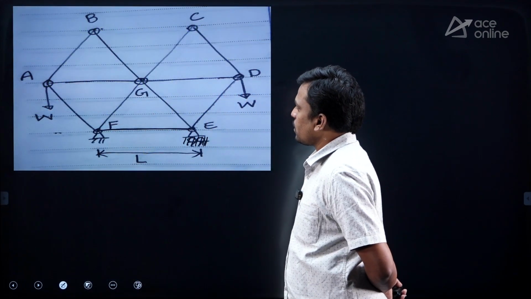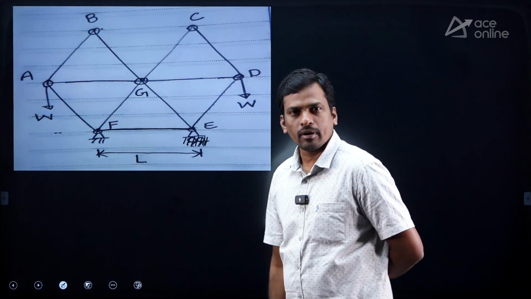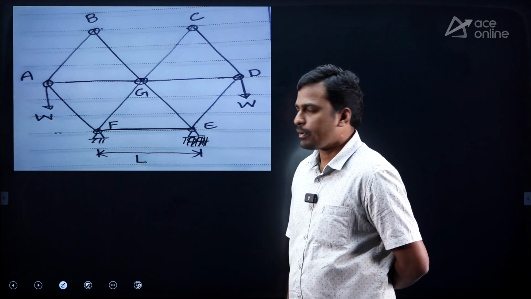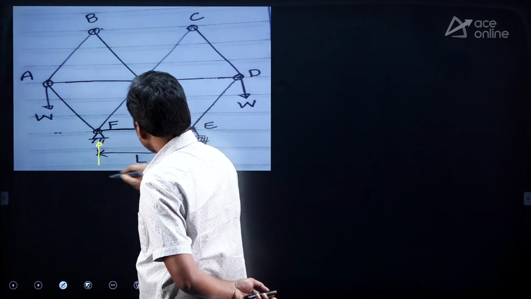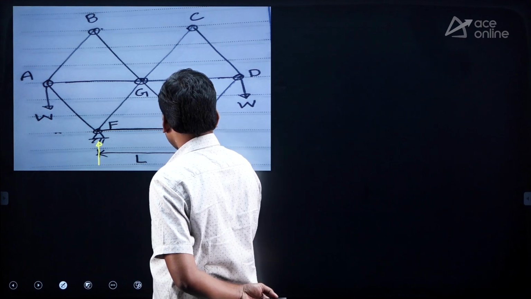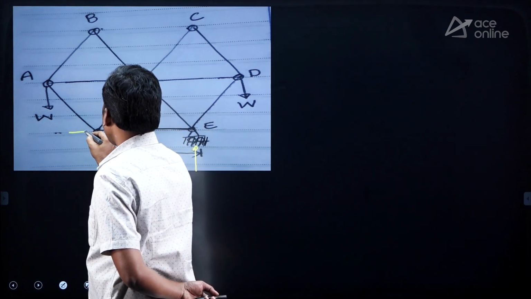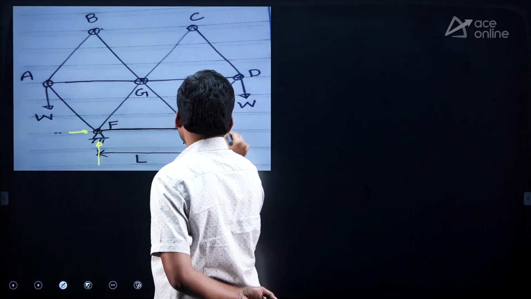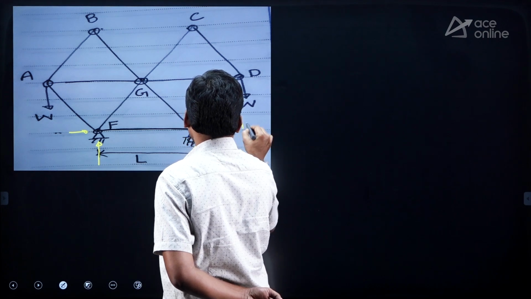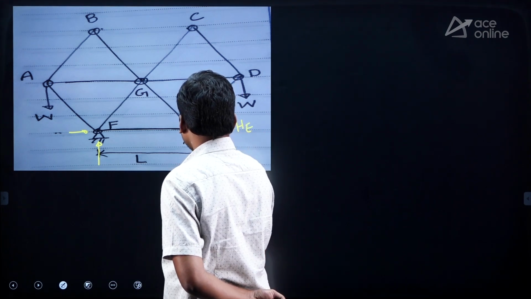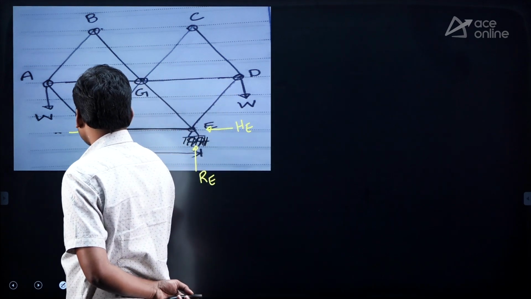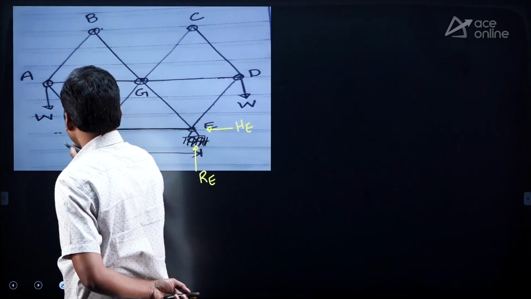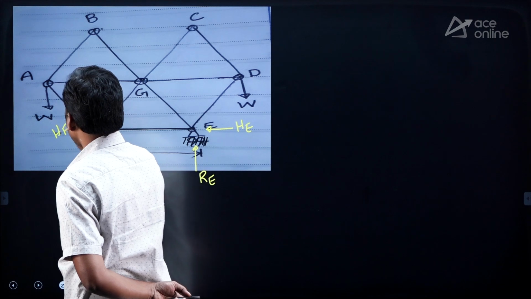Right, students, is this symmetrical or unsymmetrical? Symmetrical, right? Then due to symmetry, anyway here there are 2 reactions at the hinged supports: He, Re, Rf and Hf.